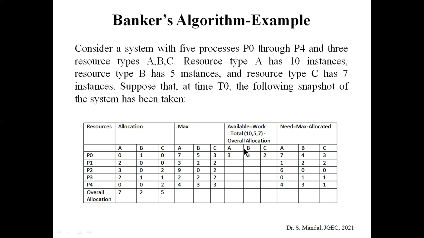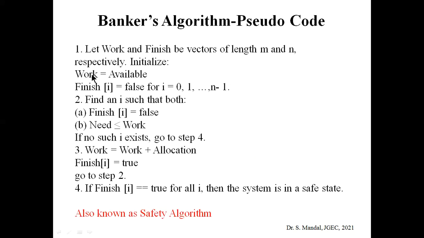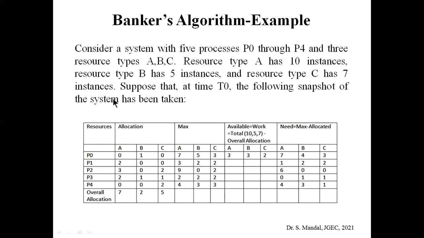From these two matrices we calculate the available resources and the need of the resources. So we get two types of matrix: one is the available matrix, another is the need matrix. Now let's continue the Banker's algorithm. We select the i value as 0.